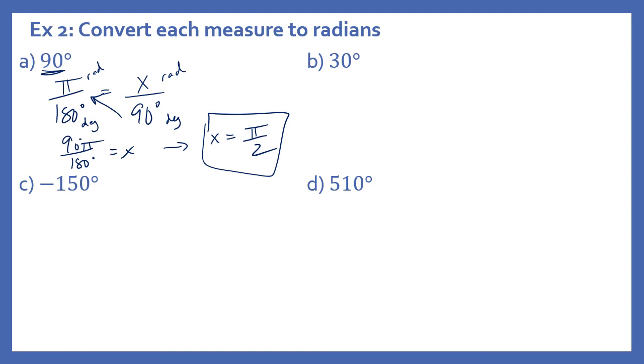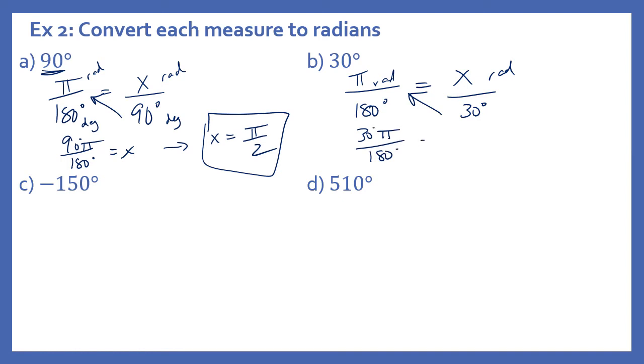30 degrees. Let's start the same way. Pi rad over 180 degrees, that's our conversion factor. I want to know what x radians is for 30 degrees. Cross multiply: 30 pi over 180 equals x. Reduce that fraction. 30 over 180 is just 1/6. x equals pi over 6. Negative 150, even though it's negative, same idea.